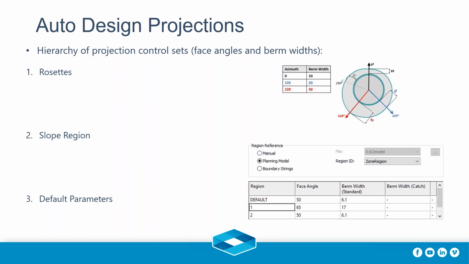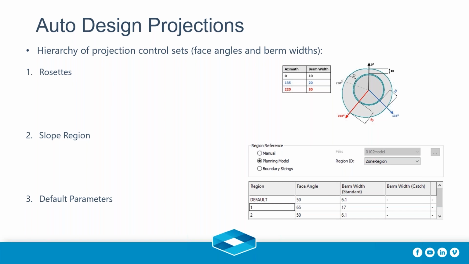So when calculating the projection values, the order in which the sets of controls are searched is firstly rosettes, secondly slope region, or in other words, the slope regions that are coded to a block model, and thirdly, the default parameters.